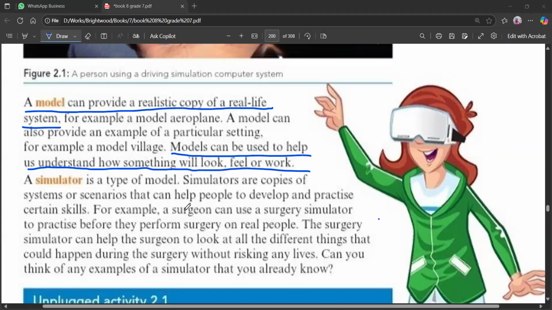And the next thing is a simulator. A simulator is a type of model.